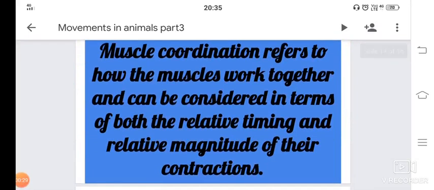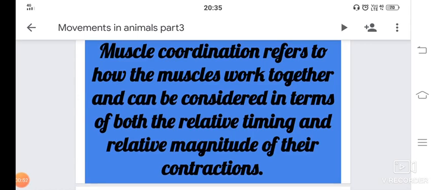Muscle coordination refers to how the muscles work together, considered in terms of both relative timings and relative magnitude of their contraction. For example, we have to take one water bottle in our hand. For that, you have to straighten your hand and then hold the bottle.